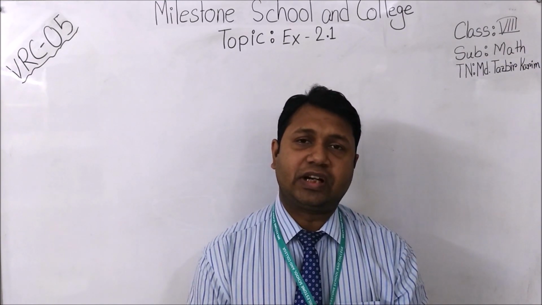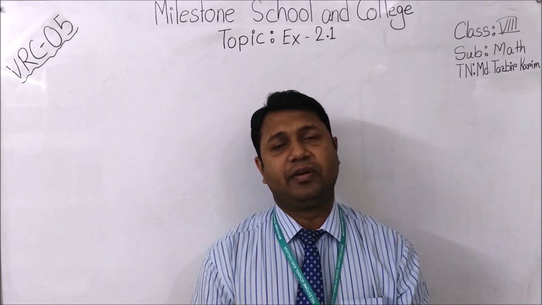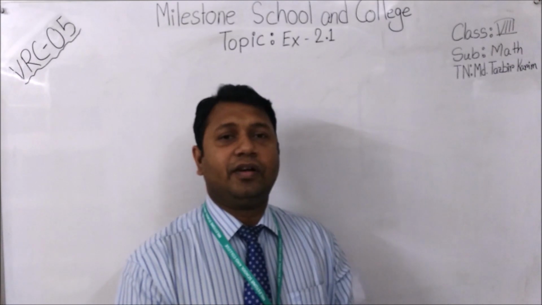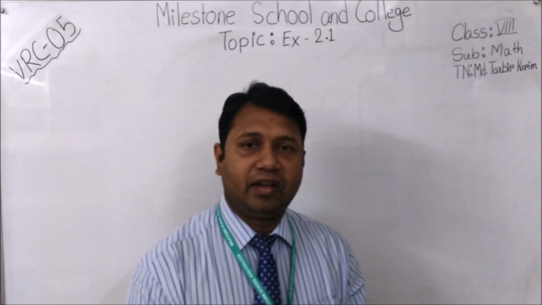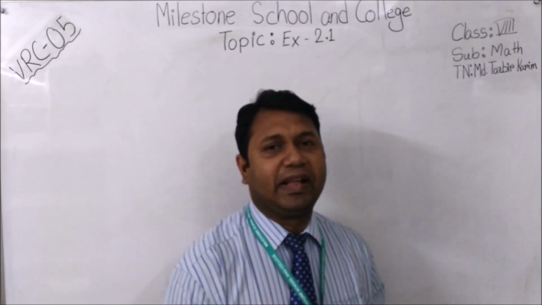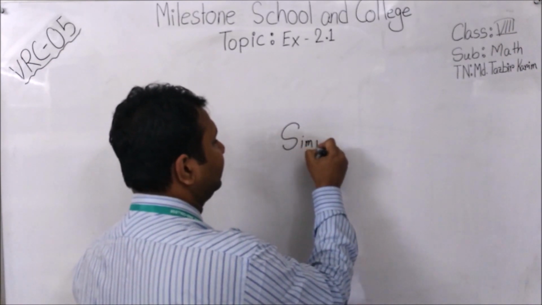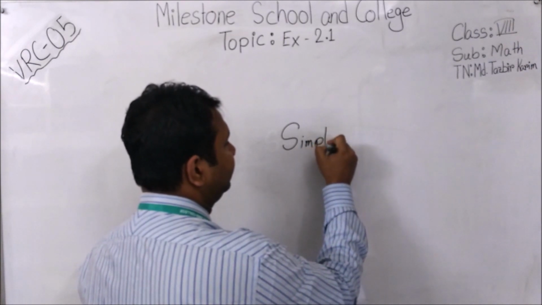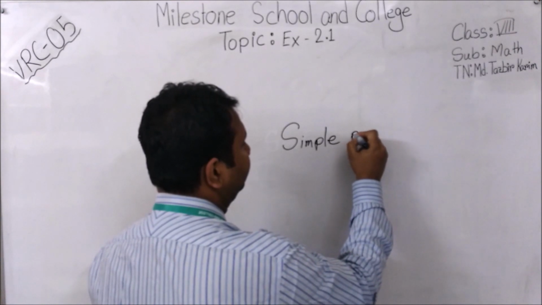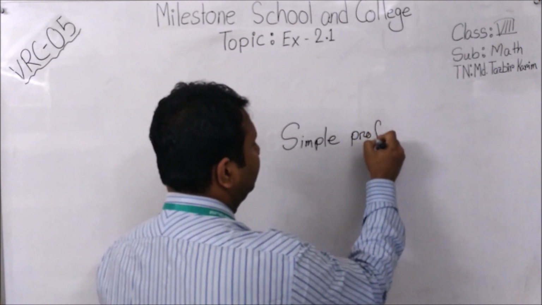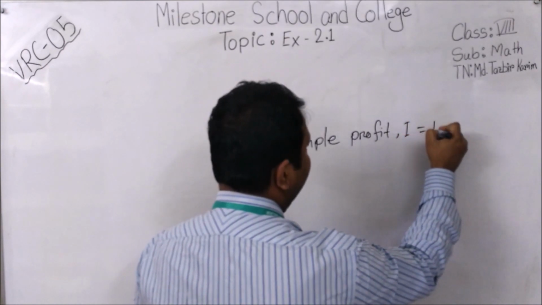Before we start today's topic, I am interested to ask you a few questions from our previous class. Can you tell me what is the formula of simple profit? I think you are right, but match your answer. Simple profit I equals P n r.